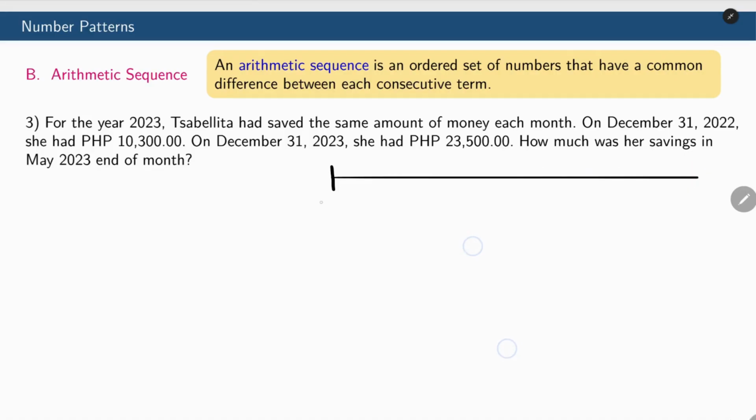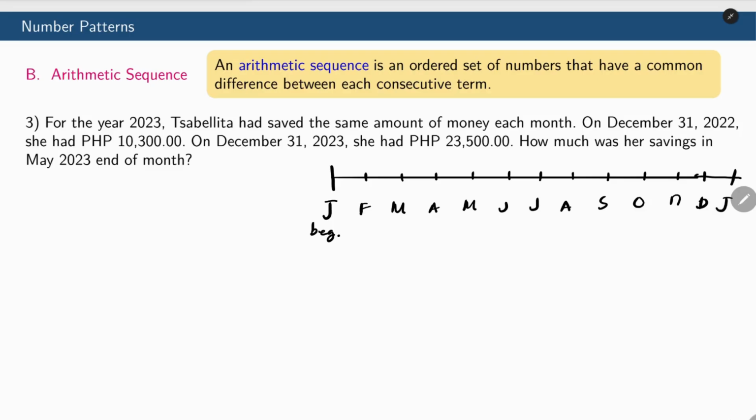Okay, let's say this one is December 31, 2022, end of year. So, we can safely say that this is January beginning. Tama? Okay, February beginning, March, April, May, June, July, August, September, October, November, December, January.